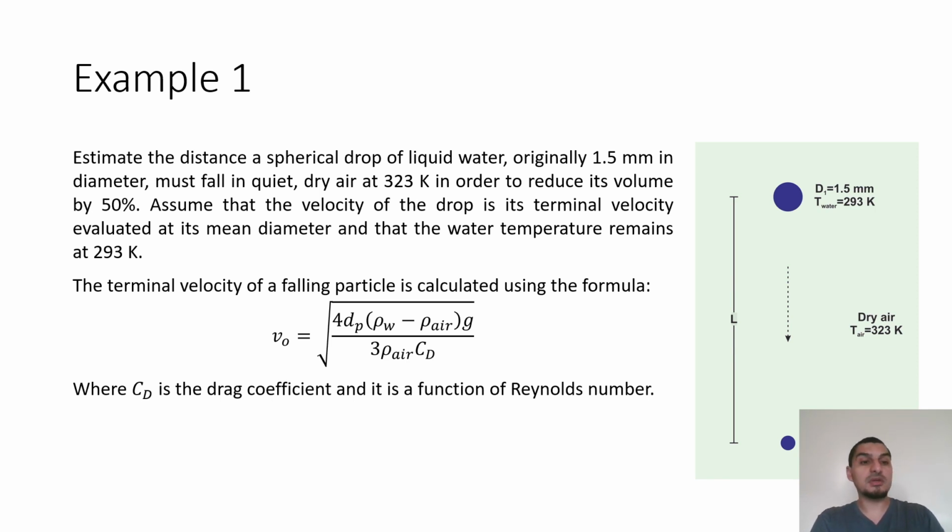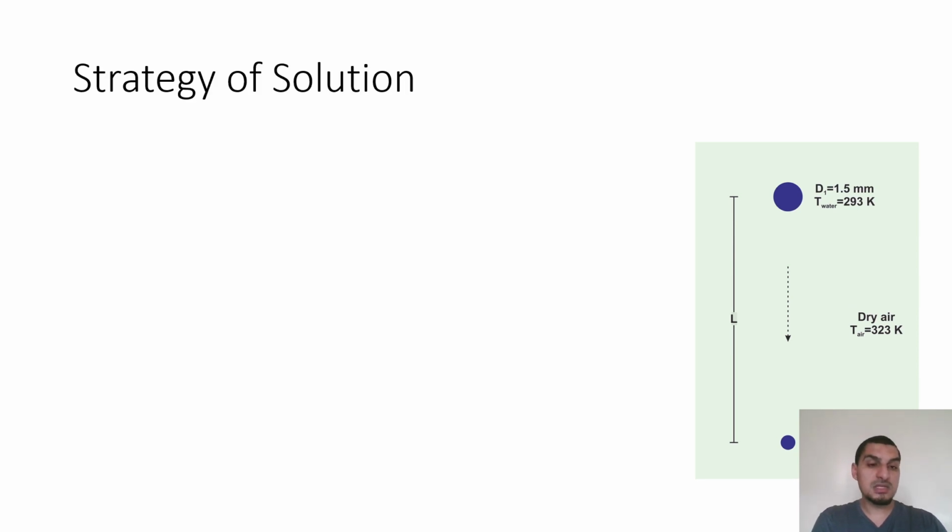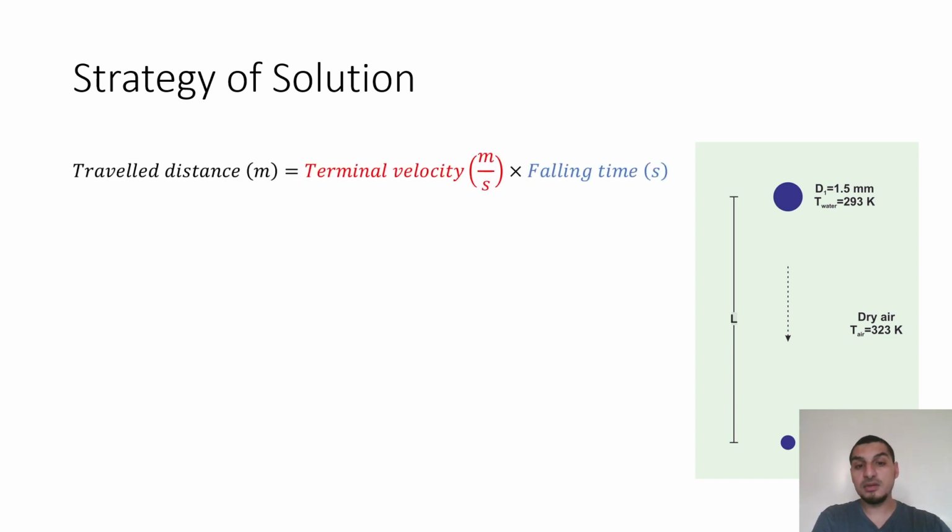So simply to get this distance, we can calculate the velocity. If I can calculate the terminal velocity using the given equation, and if I know the falling time, then I can know the distance. So I know how much distance it goes per unit time. Then if I know how much time it will fall, I will calculate the traveling distance.